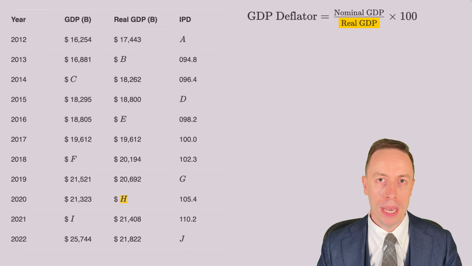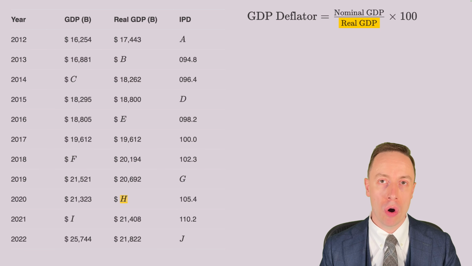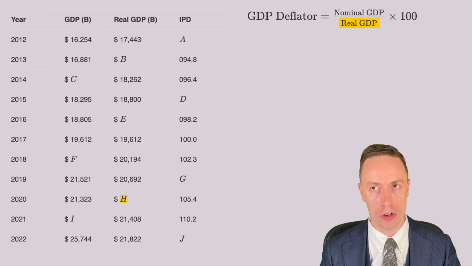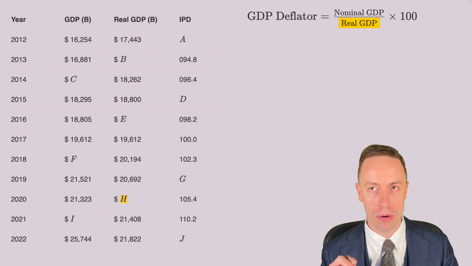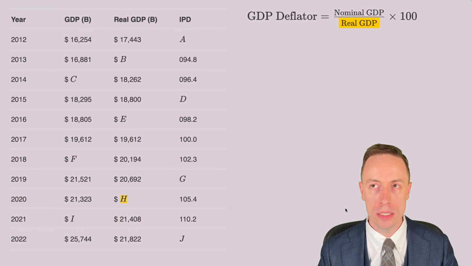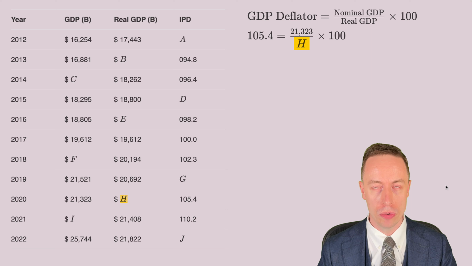Finally, we might be asked to solve for real GDP. Again, it's always best to start from the equation. So we have our GDP deflator equation and now real GDP down here in the denominator. So we're going to have to work a little bit to break that out. Let's start out by plugging in our knowns and our variable term. We are going to be solving for h right here.